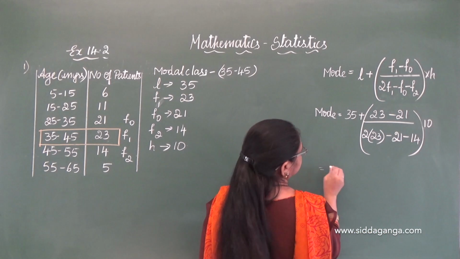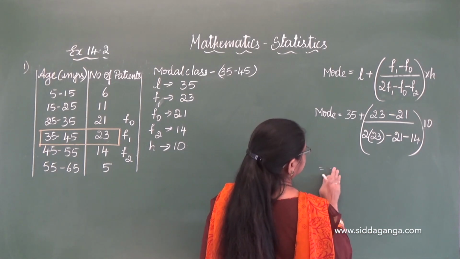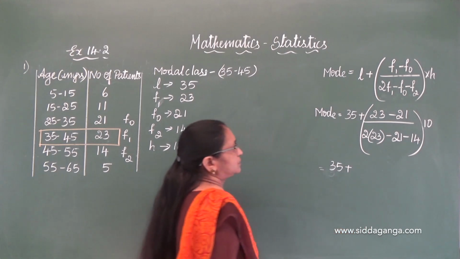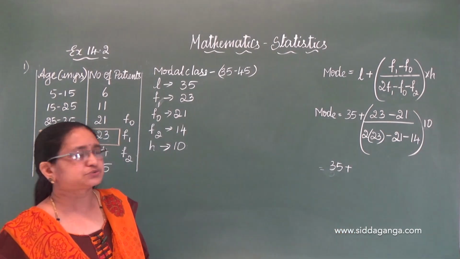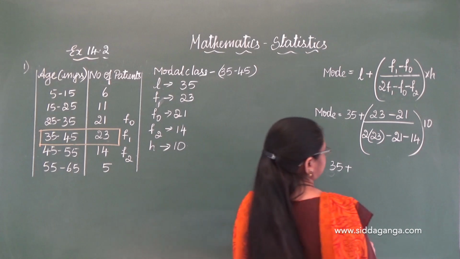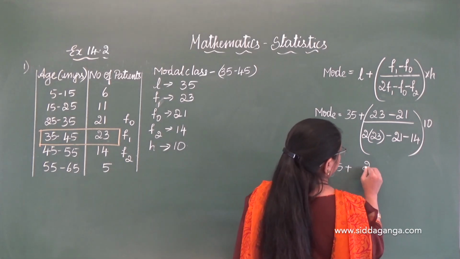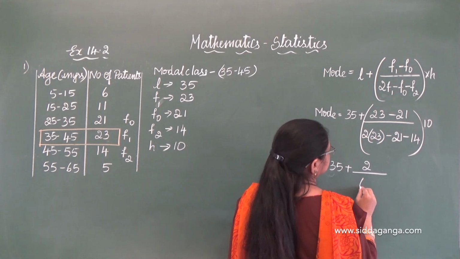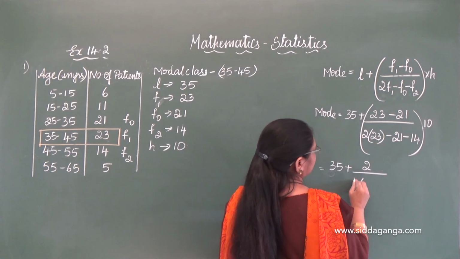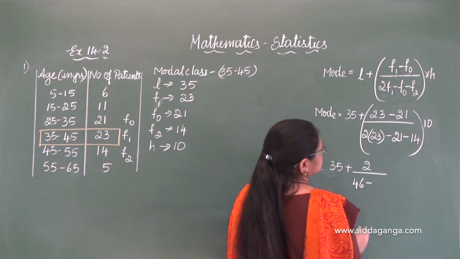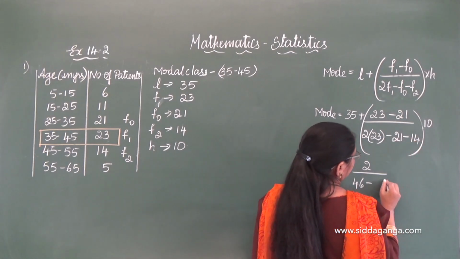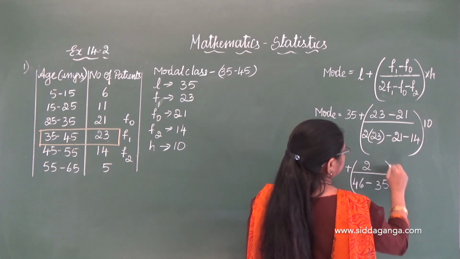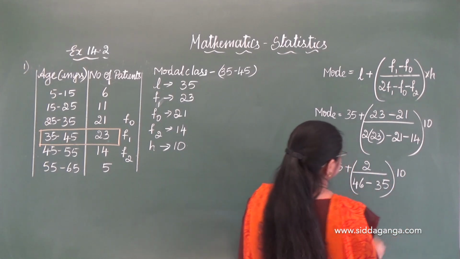Okay, now 35 plus 23 minus 21, 2. Here 2 3s are 6, 46 minus 35, into h 10.